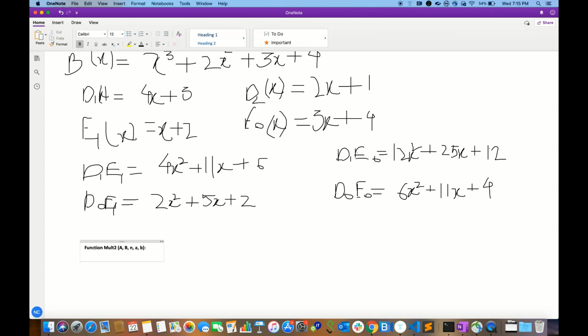So let's move forward. Let R be an array of size 0 to 2n minus 1, since it is going to store 2n minus 1 elements.